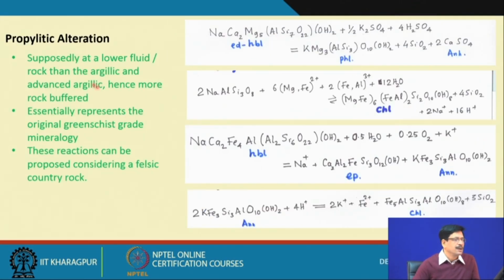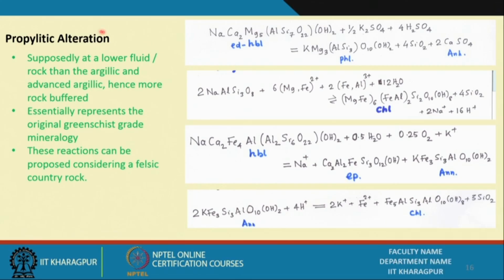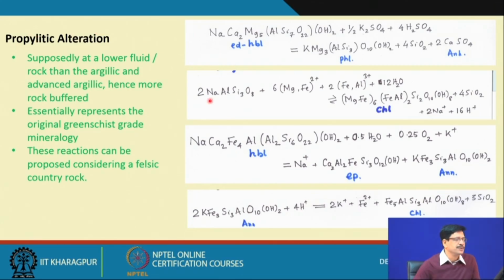And the alteration zone which is labeled as the propylitic alteration zone is characterized by the presence of biotite, epidote and chlorite.